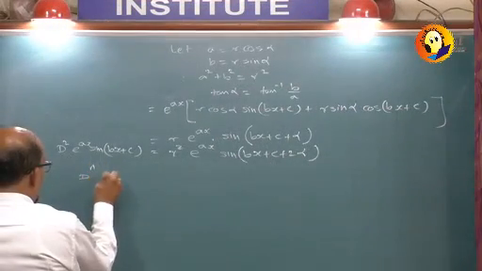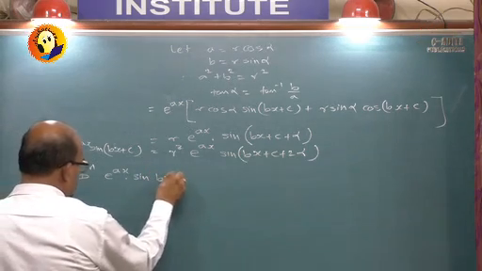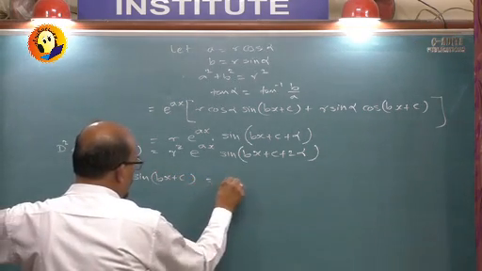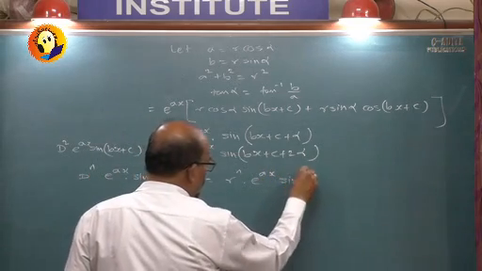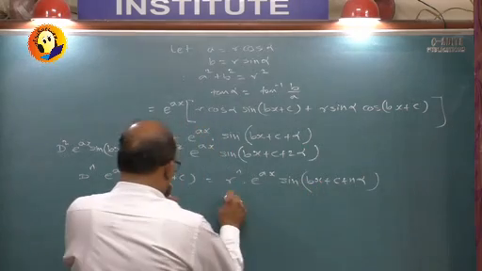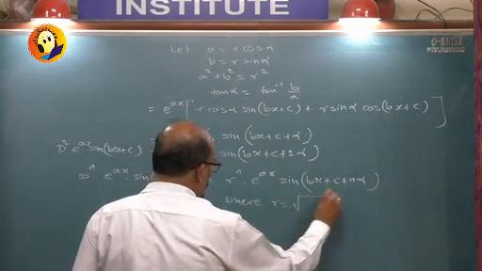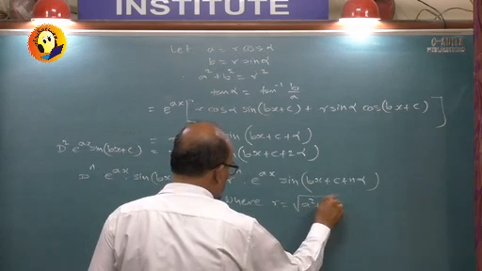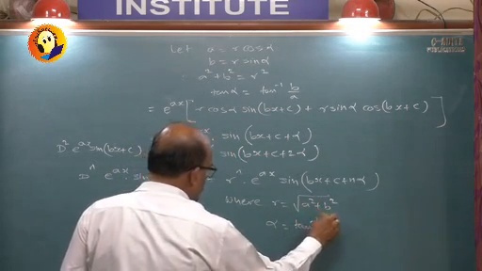The nth derivative of e raised to ax sine of bx plus c will be r raised to n e raised to ax sine of bx plus c plus n alpha, where r is equal to root of a square plus b square and alpha equal to tan inverse b by a.